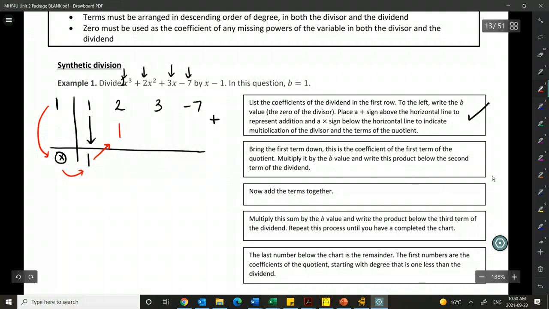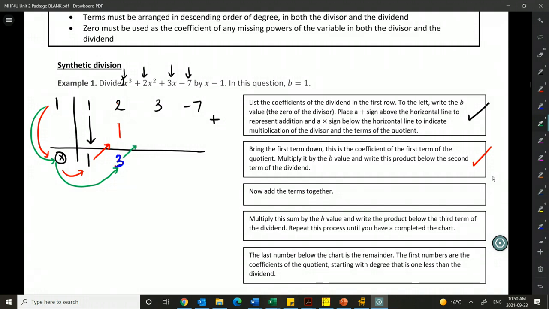Well, 1 times 1 is 1. Did that one. Now we add. So 2 plus 1 is 3. That's why we have an addition in this column. Now we repeat the process again. I'm going to do 1 times 3, and I will write the answer up here.